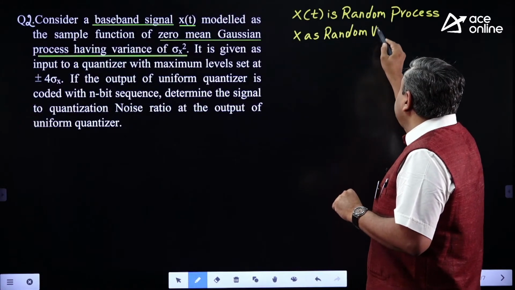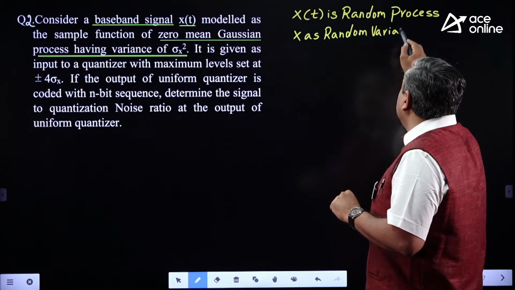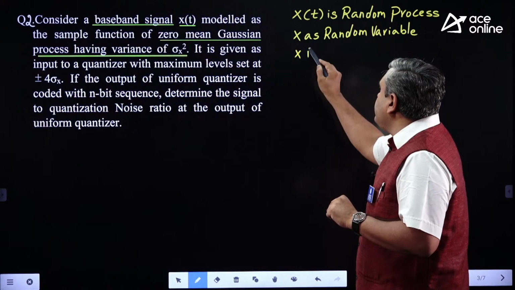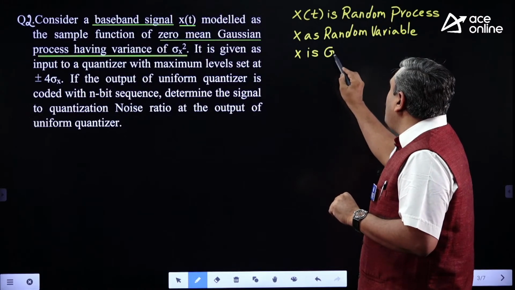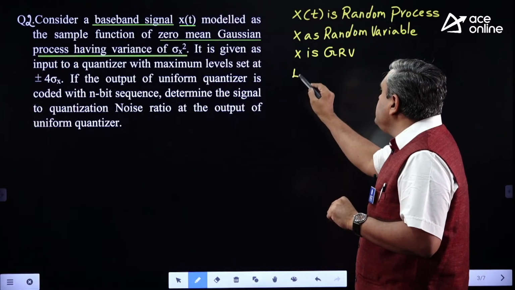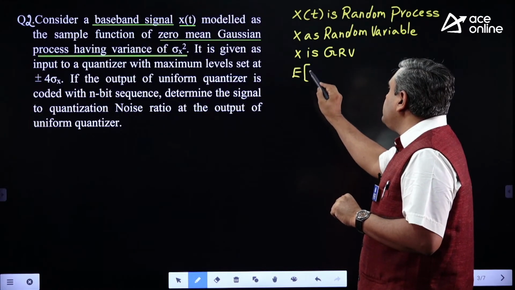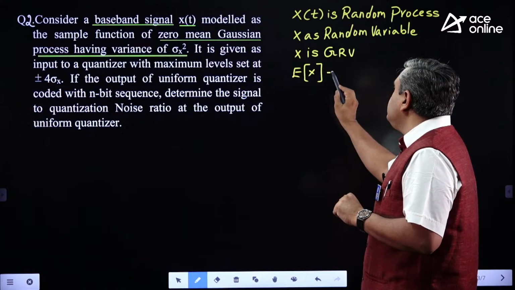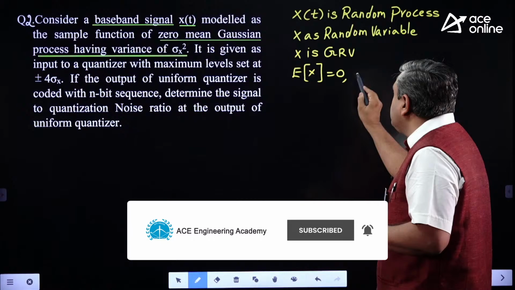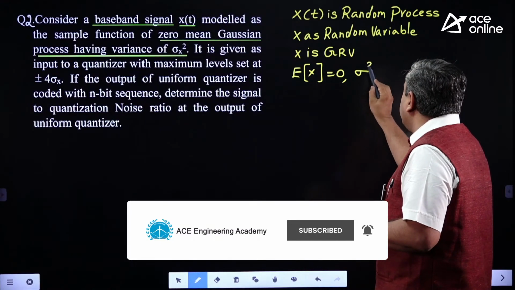Now, what is the nature of the random variable? The nature of the random variable is Gaussian. And what are the properties of this Gaussian random variable? It has a mean value, meaning the expectation of the random variable is 0, and it has a variance, sigma square x.